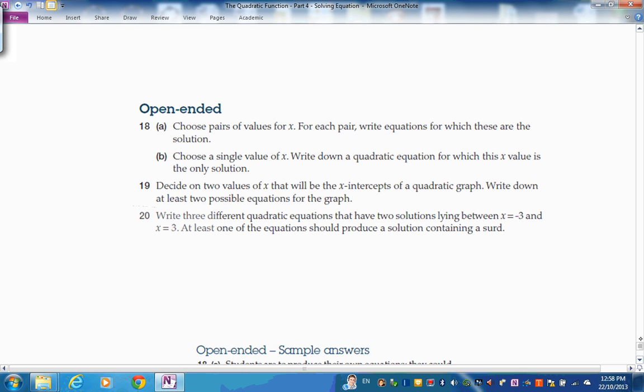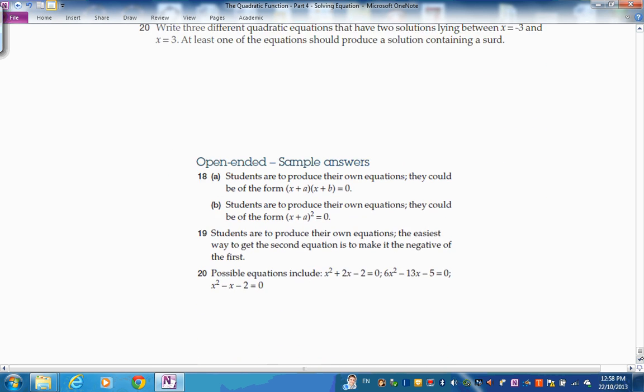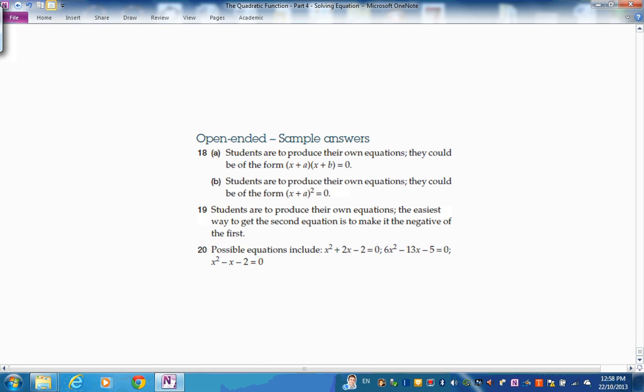The open-ended questions. Okay, bit theoretical these. Have a go, and let's look at the answers now to 18, 19 and 20. All right, there they are, just possible answers. There are other ways of looking at them. Check with your teacher.